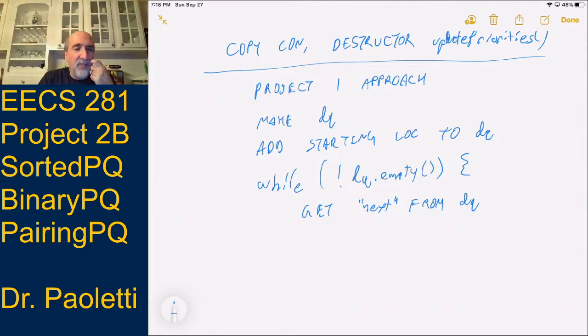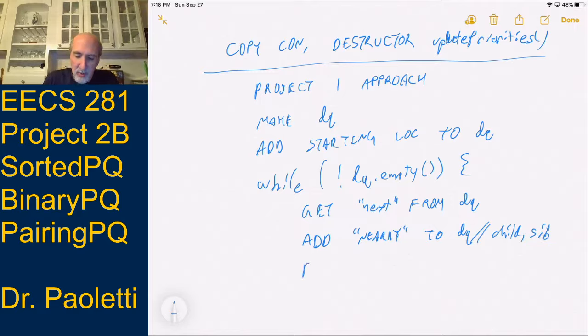This is like a front and a pop front, or a back and a pop back, whatever. So I got to do a look at it and pop it. I'm going to get the next one out. I'm going to add things nearby to the deck. What am I going to add? What is nearby this node? The child and the sibling.